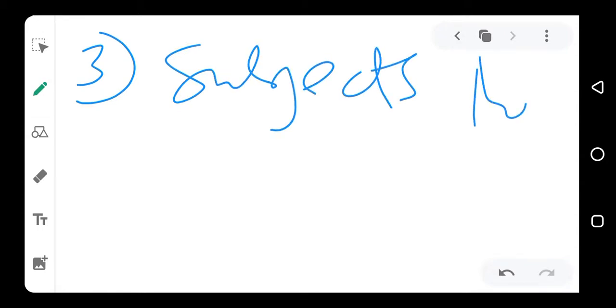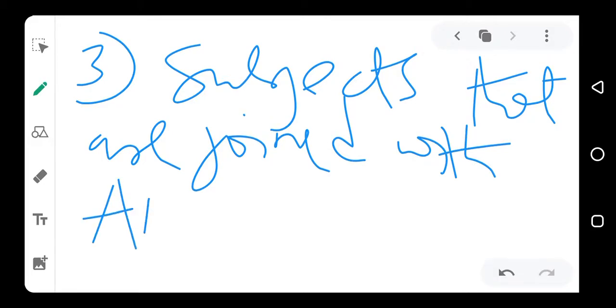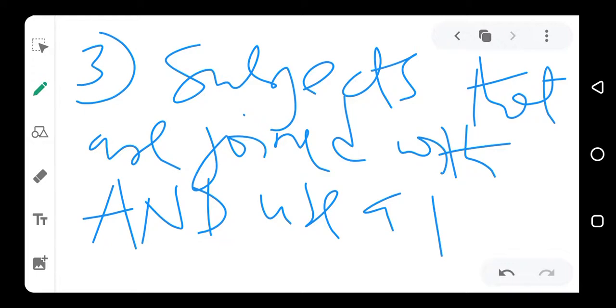Subjects that are joined with and use a plural verb.